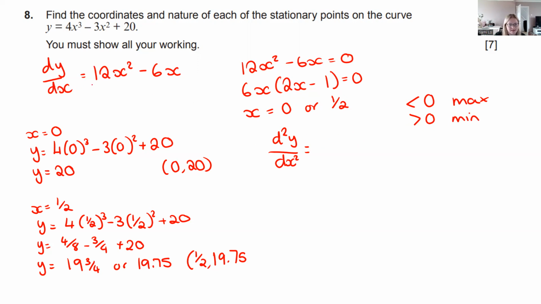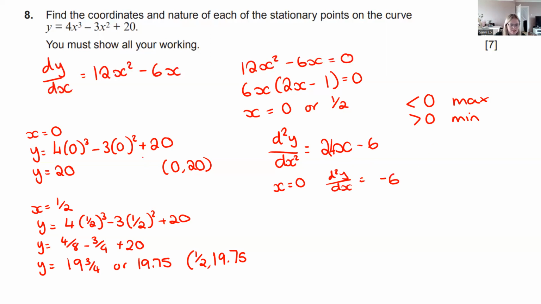So dy by dx, this original statement, gives us, wow, does not give us 12, gives us 24x minus 6. So I'm just going to put in 0. So x is 0. That's going to give me d2y by dx squared is going to give me minus 6.